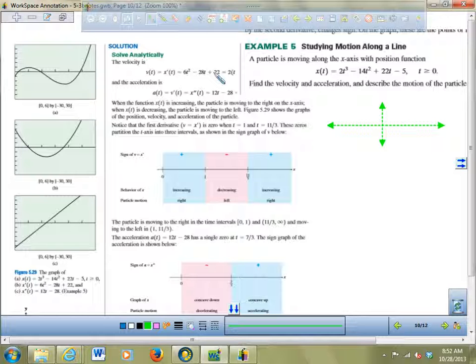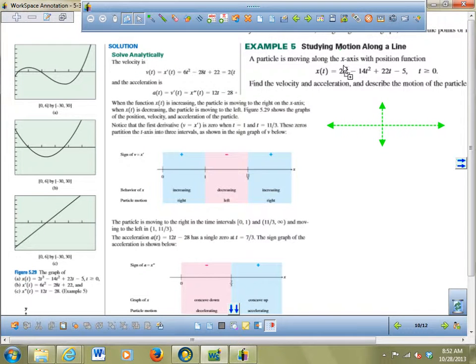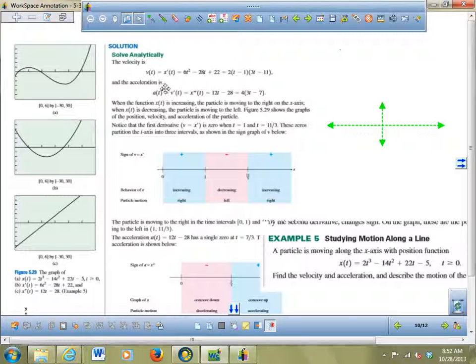So if I take the first derivative, which is this, and then I set that equal to 0, which I think I covered up, okay? I set that equal to 0, I get these 2 points. t equals 1 and t equals 11/3 if I factor that out.